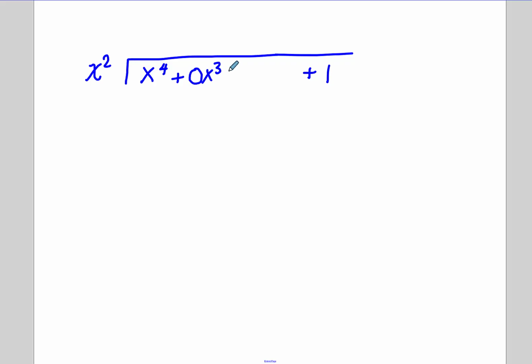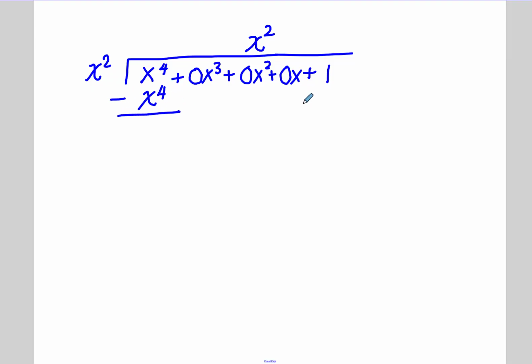So if you divided x squared into x to the 4th plus 1, you don't have any values for the cubed term or the squared term or the linear term. But you know x squared will go into x to the 4th, x squared times, to give us that.